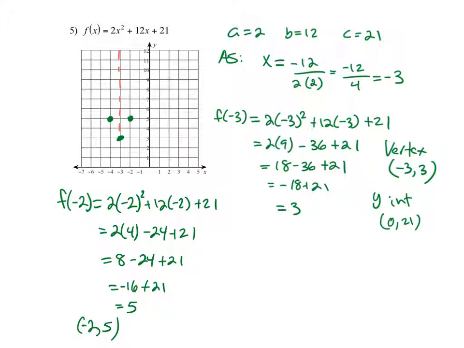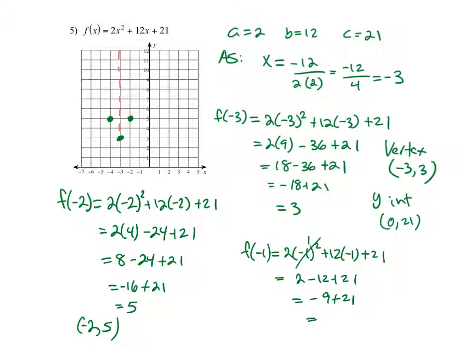Right? And now I'm going to substitute f of -1 equals 2 times -1 squared plus 12 times -1 plus 21. So this is 1. So 2 minus 12 plus 21. So -10 plus 21 equals 11.